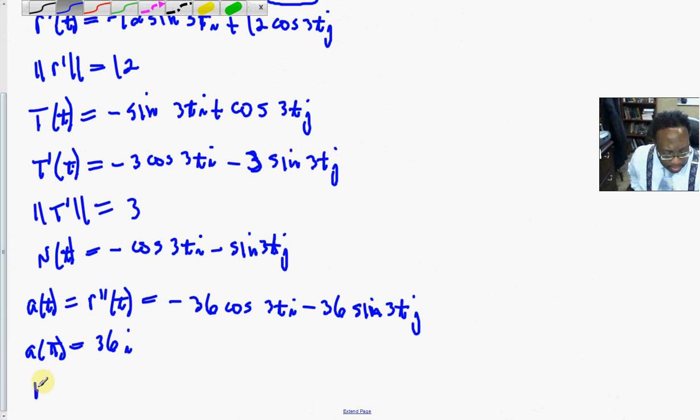So the tangent evaluated at pi, well, the sine of 3 pi is 0. So all we have here for j is the cosine at 3 pi. So it's going to be a negative 1. So we get just negative j.